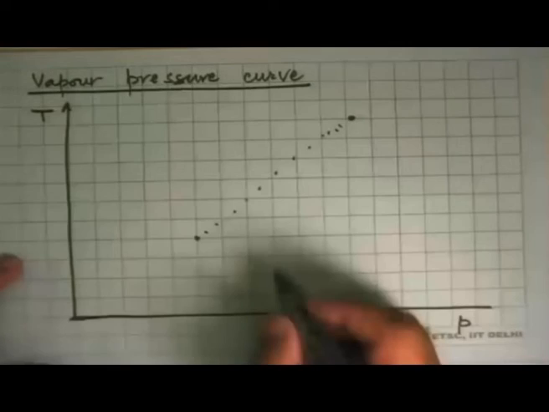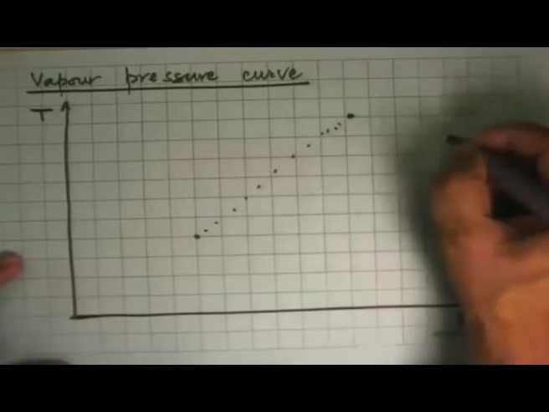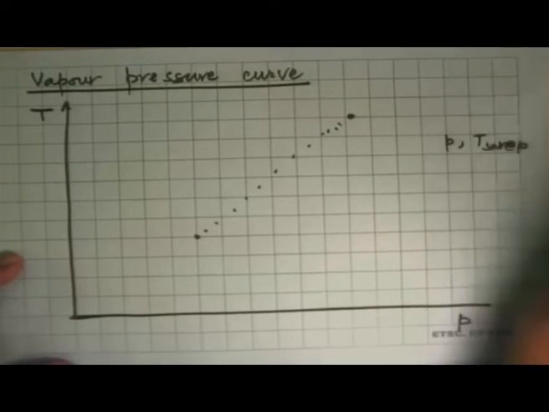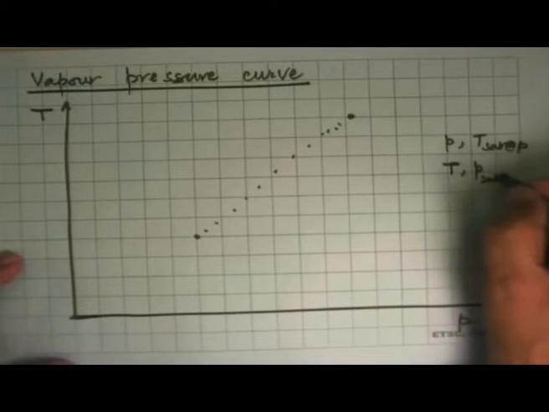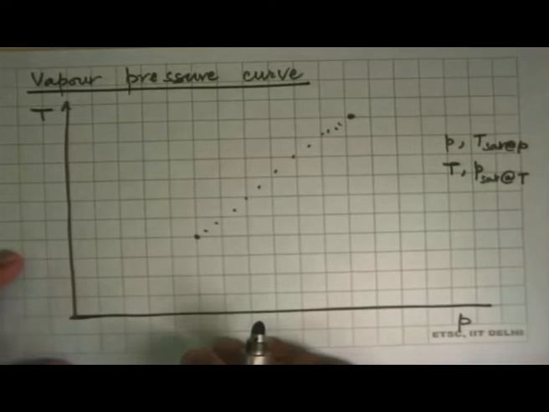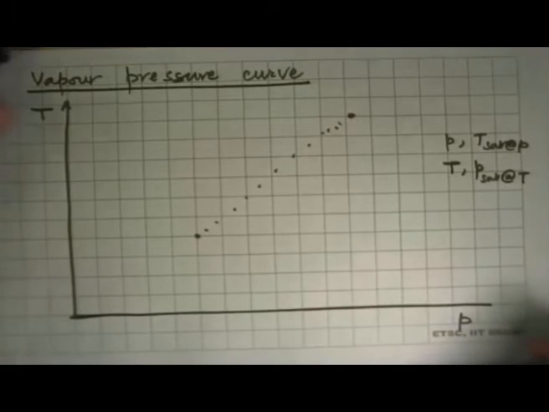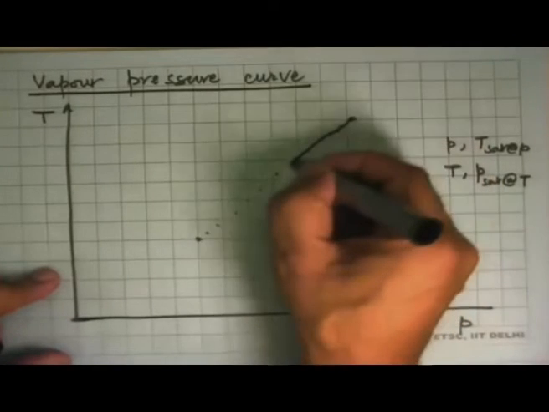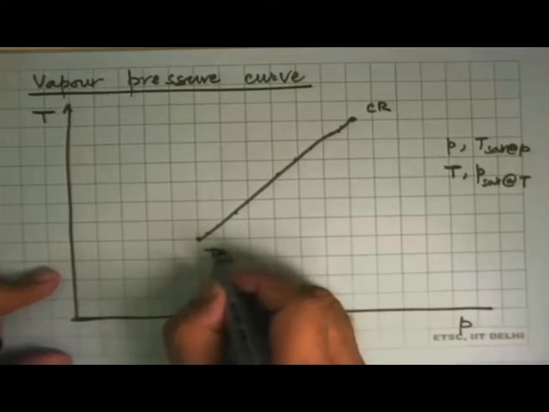And this tells us that this is the line that for a given pressure, what is the saturation temperature at that pressure, or for a given temperature the saturated pressure at that temperature. So this is a unique set of lines which is a one-to-one correspondence between temperature and pressure in saturated states. So we can join these things. Here is the critical point, this is the triple point.